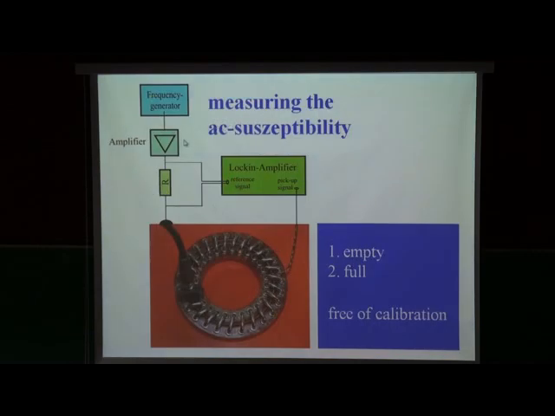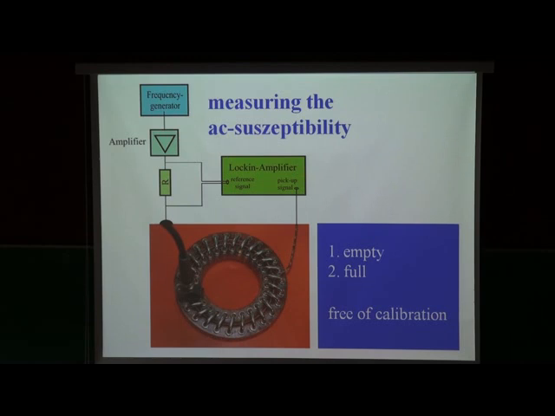A high power amplifier and some load resistor give you the reference signal. With this lock-in amplifier, you measure for each frequency the signal, first for an empty coil, and then you immerse ferrofluid in this channel, and you measure the response for a filled coil.